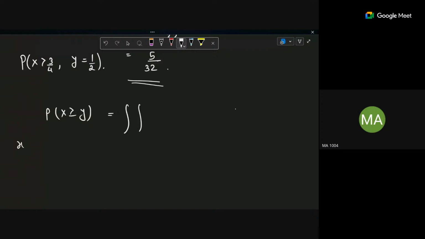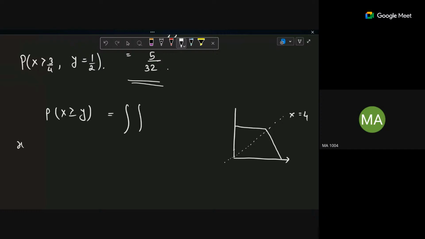Let's say this is your graph, something like a rectangle, and you want x should always be greater than or equal to y. In that case, you just plot the line x equal to y. Then find the region where the values will be greater than or equal to y.